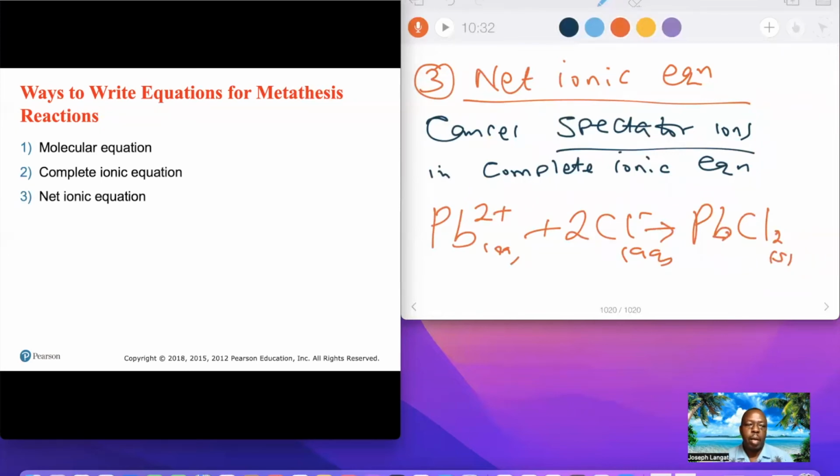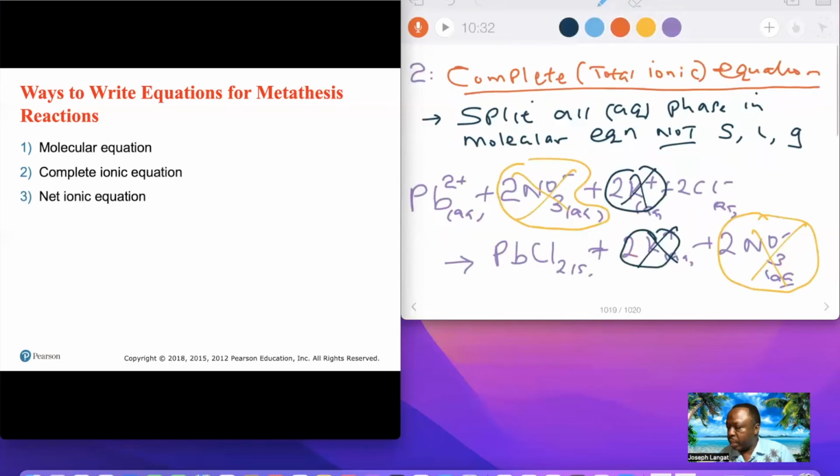And that is the net ionic equation. So the one common mistake students make is failing to balance the equation. Two, failing to identify which one is the precipitate, which one is the solid.